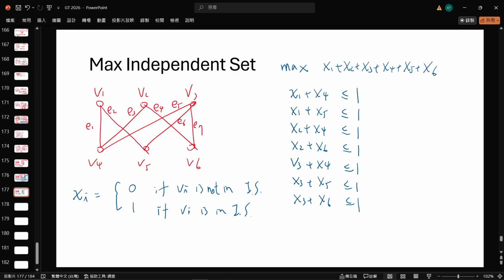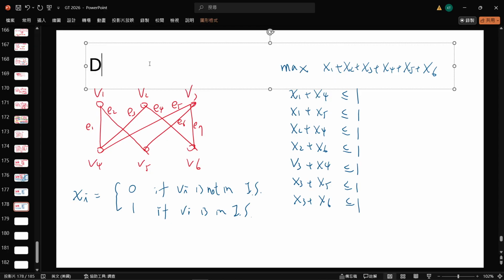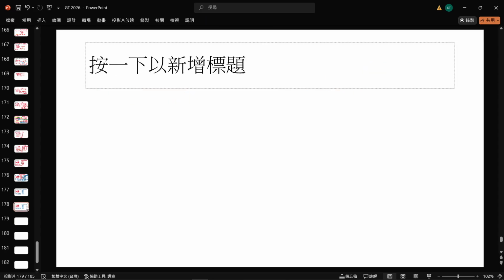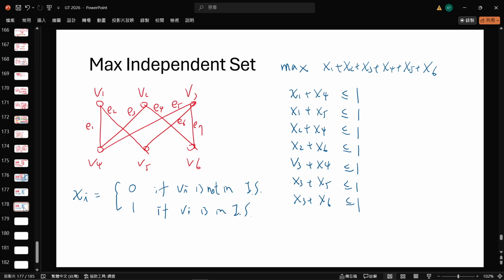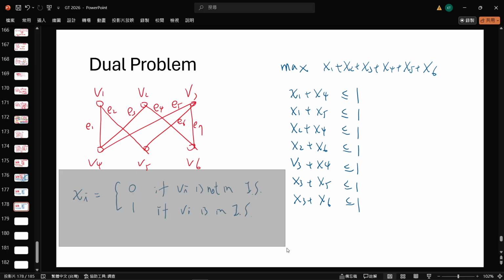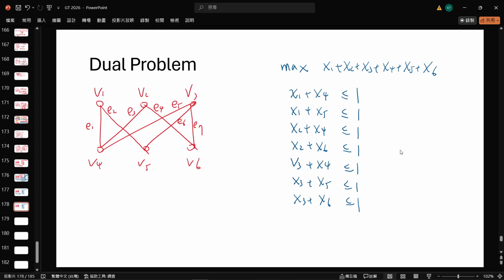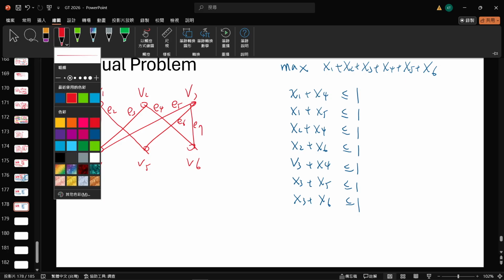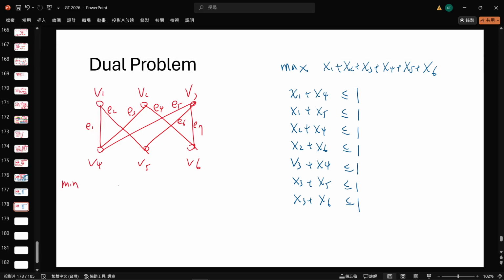Okay, so that's the independent set. And next, let's find a dual problem, okay? So the dual problem is a minimization problem, and the first step is always to create dual variables.